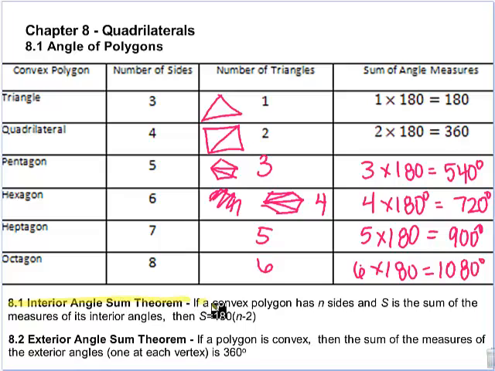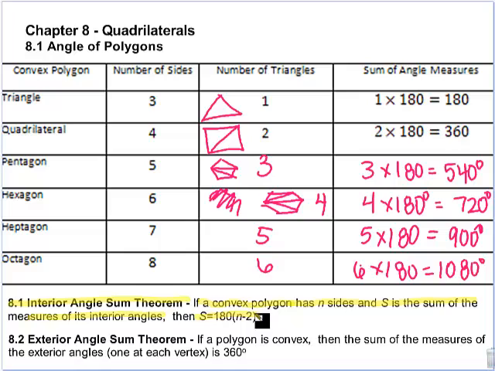So it says if we have a convex polygon, so refresher, what does a convex polygon mean? No caves, no indents. So a convex polygon has n sides and S is the number of measures of its interior angles. Here's your formula. S, the sum of the interior angles, is equal to 180 times n minus 2.